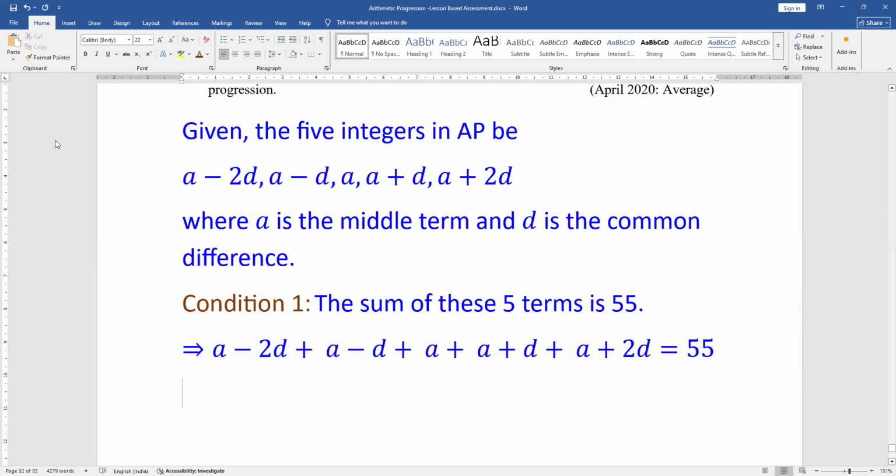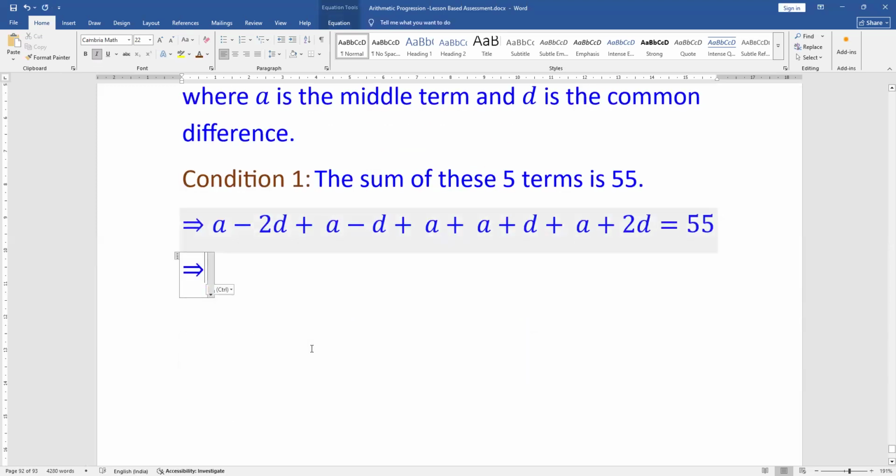Next step: here, look, minus 2D plus 2D gets cancelled. Minus D plus D gets cancelled.